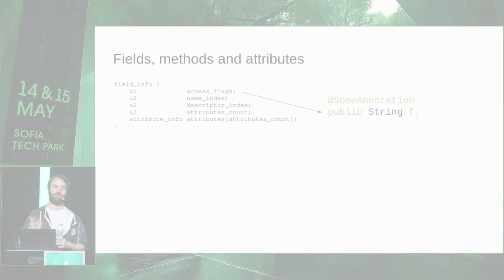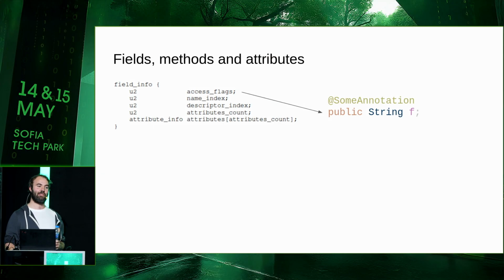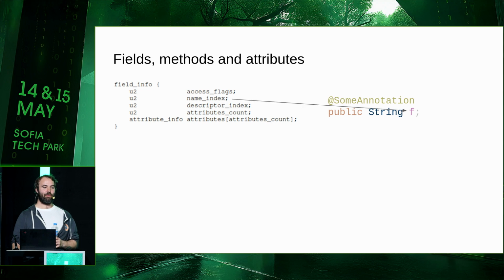All right. However, now we created a boring class. So just to walk through quickly, to define a field, we will also have an access flag. A public field will have the access flag 1, as the specification says. It will have a name, f. It will have a descriptor, mentioning the type here, which is a string. And it might have attributes.